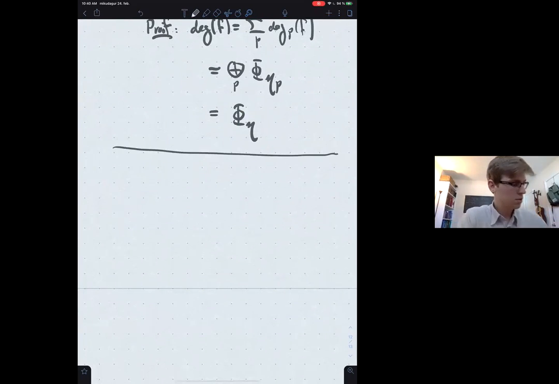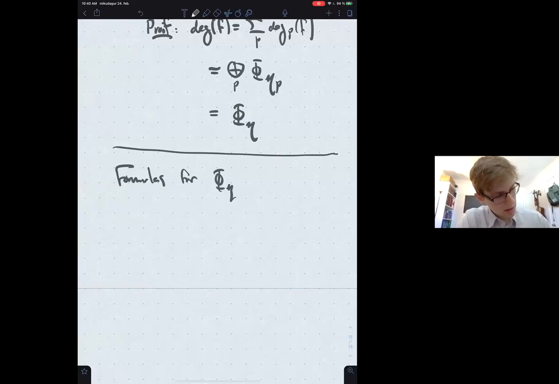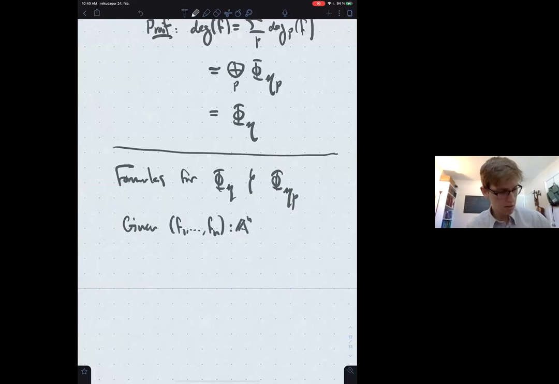Okay, so the formula for these two bilinear forms. So I'm going to start with F1 through Fn. These give me endomorphisms of affine space. And I want isolated zeros.